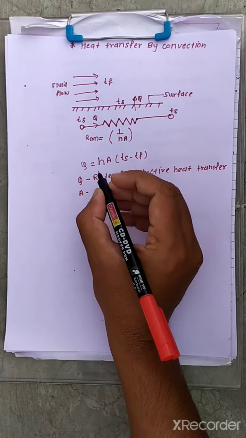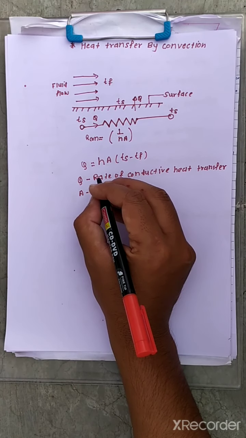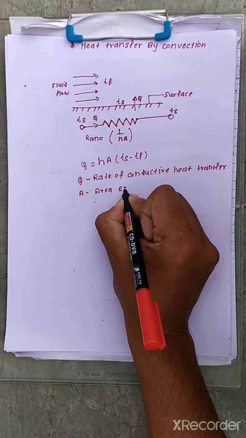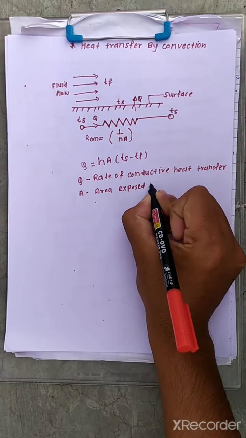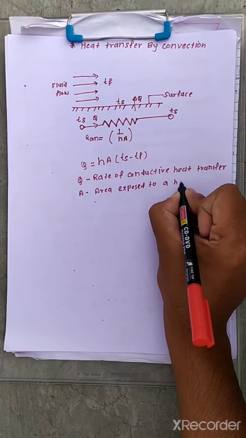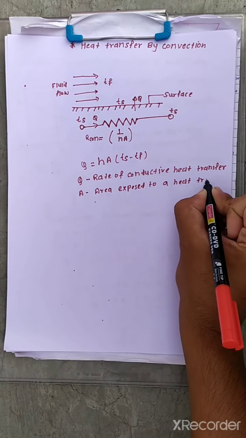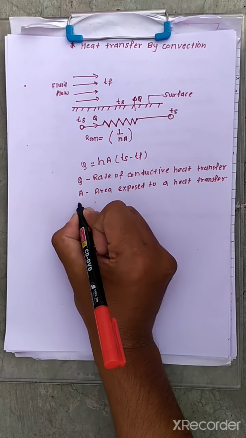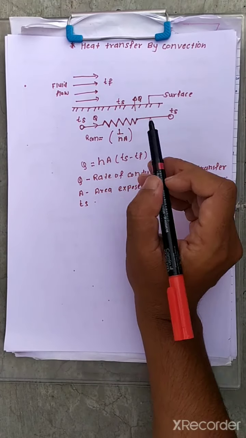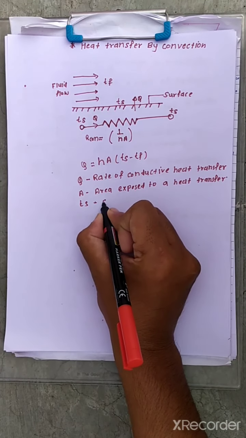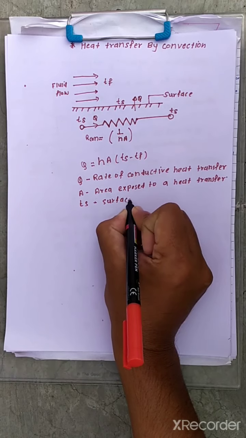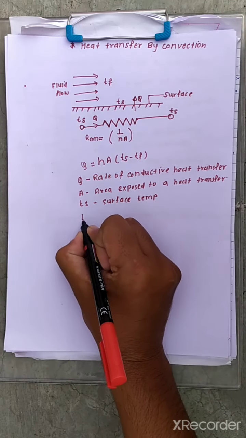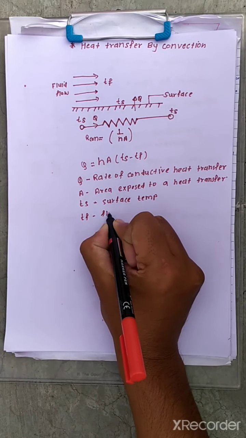A is the area exposed to heat transfer, Ts is the surface temperature, and Tf is the fluid temperature.